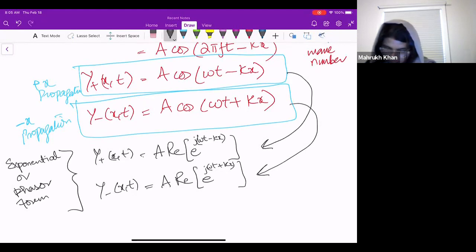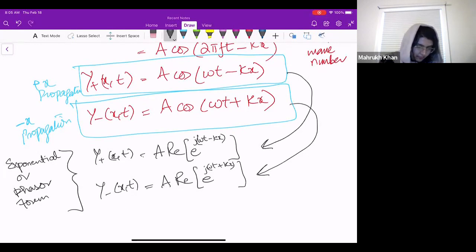Okay, just a minute, I need to confirm something. Okay, so that's how we will represent it in the phasor form as well.